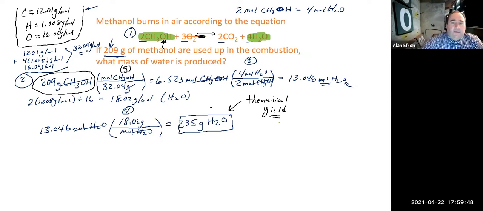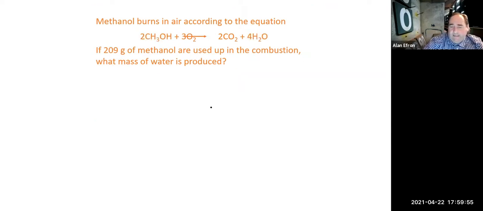Okay. So let's try one more here. Why don't we use the same setup here, same equation and everything, except we'll change it up a little bit.